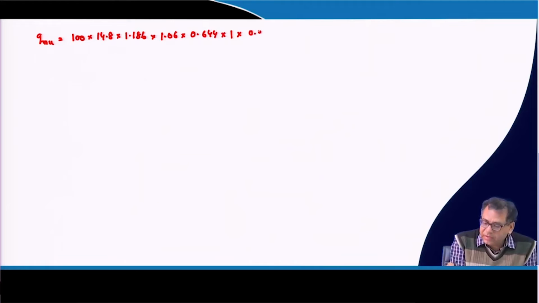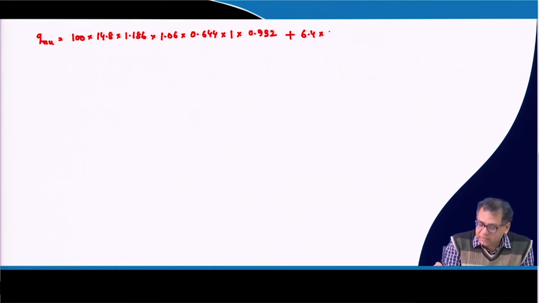Similarly, for the next part it will be 6.4, that is the factor, into gamma Df, where gamma is 19, as given.